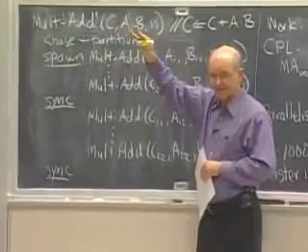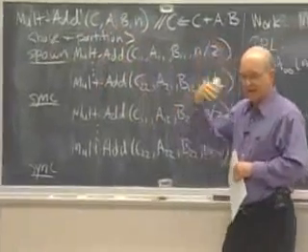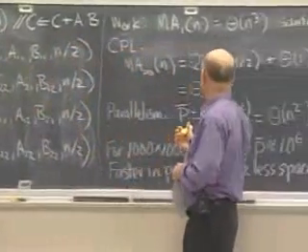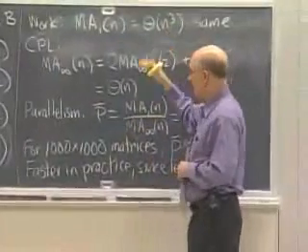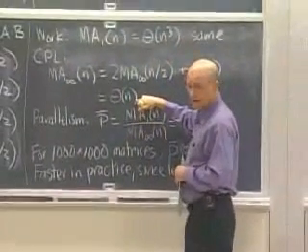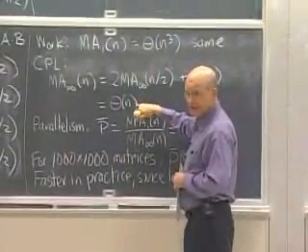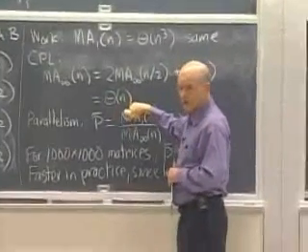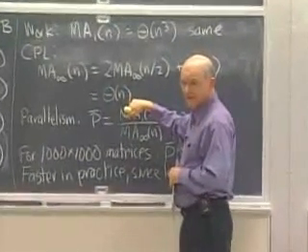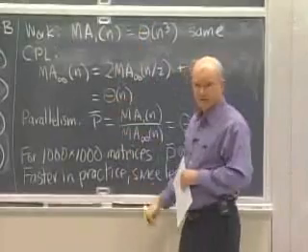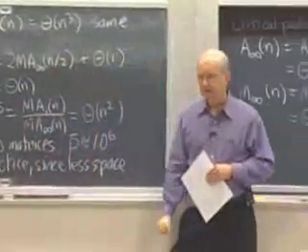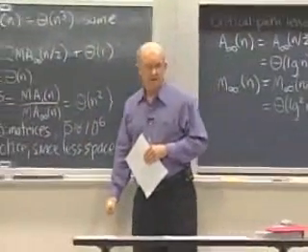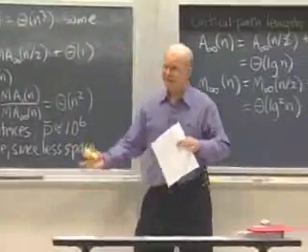You have to set all the entries to 0, and that will take n squared work, which is nothing compared to the n cubed work you're doing here, and it'll cost you an additional log n on the critical path, which is nothing compared to the order n that you're spending. Okay, good. Any other questions about matrix multiplication?